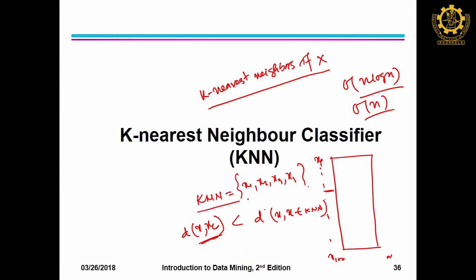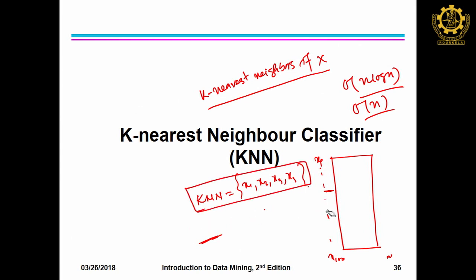There are 5 points here. Now, I have to decide whether x6 will be included in this kNN set or not. Please note that k value is 5, so this set cannot have more than 5 elements.